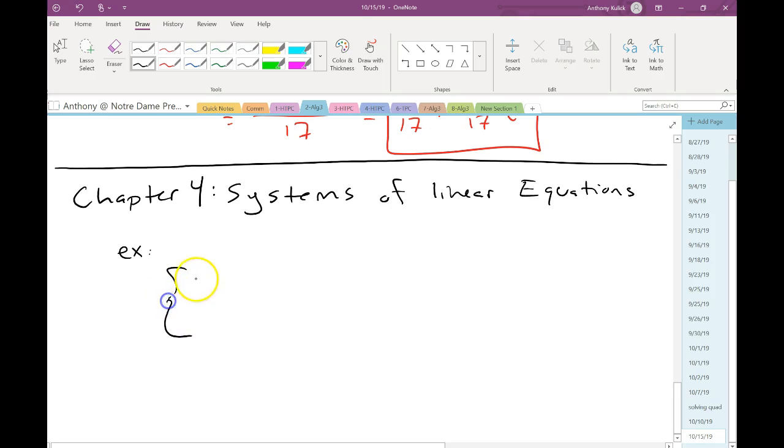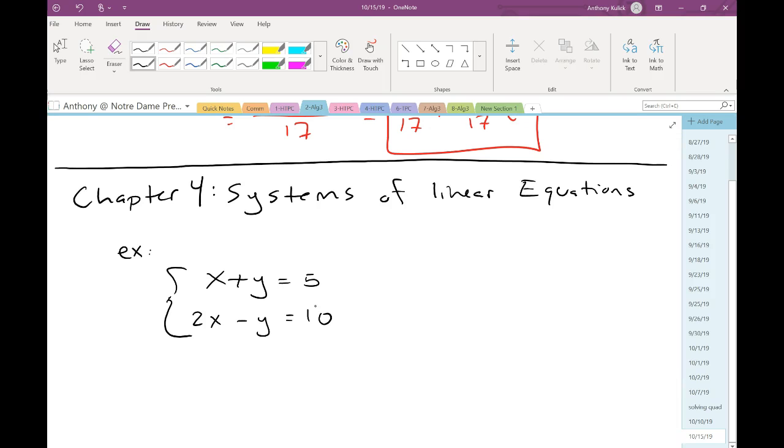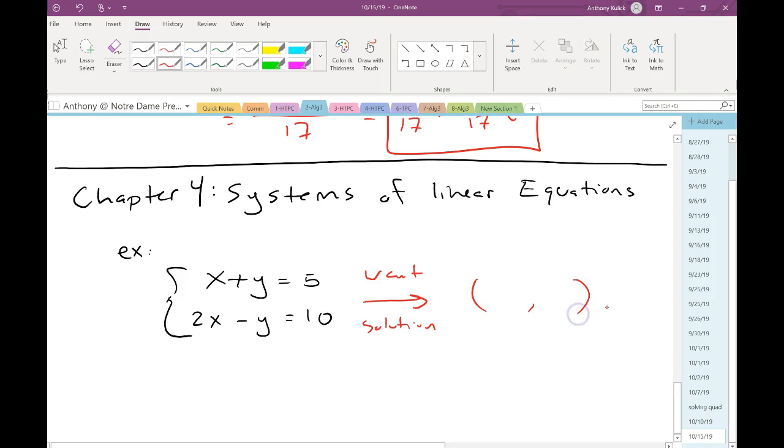So suppose I have the equations here. And what I want, i.e. the solution, is going to be some x and y, so that when I plug them in to the original equations, they satisfy both equations.